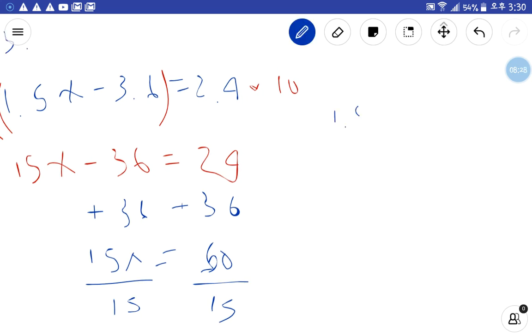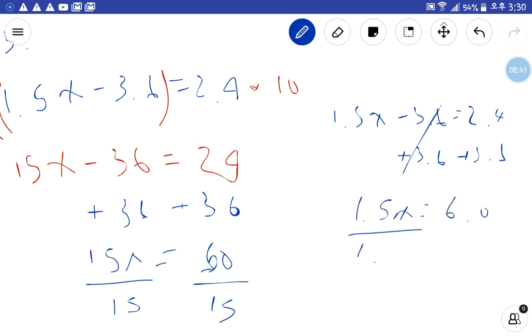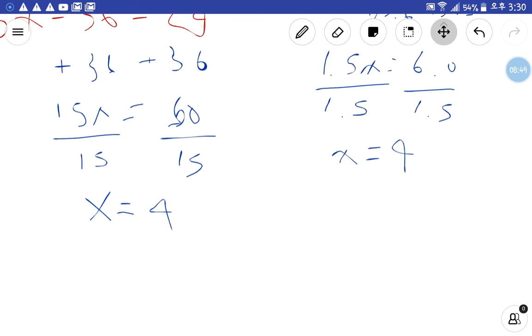So 1.5x minus 3.6 equals 2.4. Add 3.6 on each side. 1.5x equals 6.0. Now what? Divide by 1.5. And still your x is going to be 4. Okay? So it's up to you which way you would like to do.